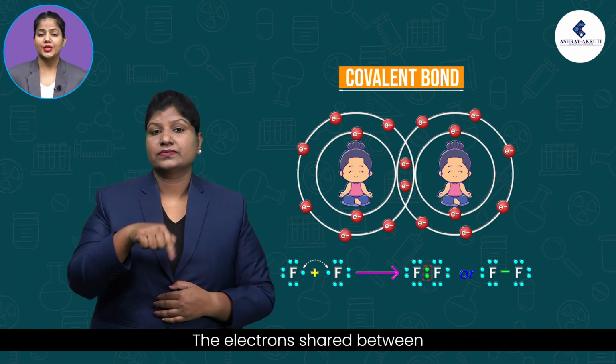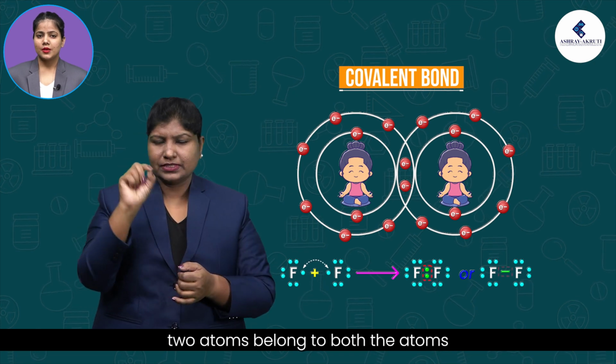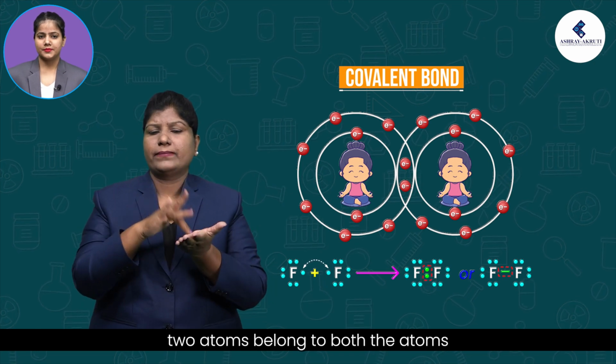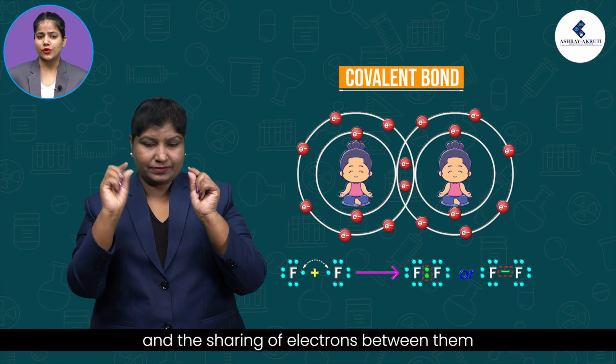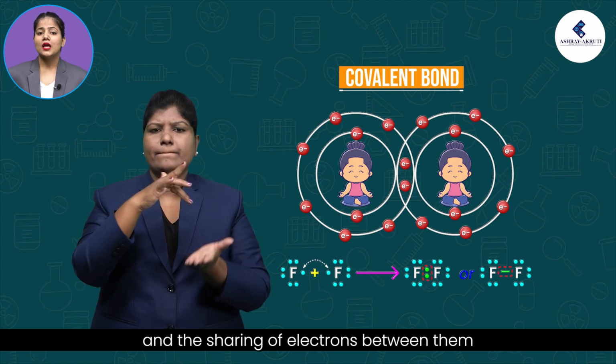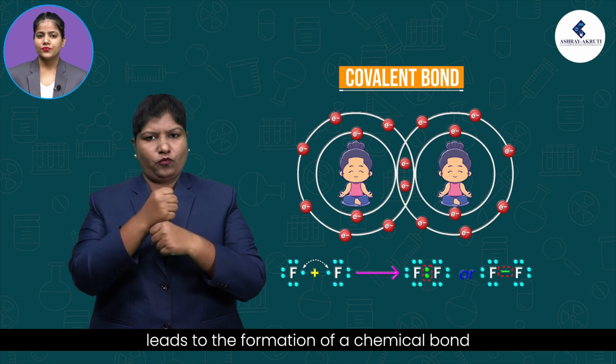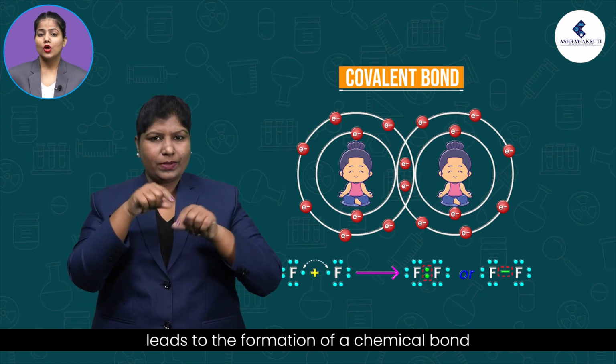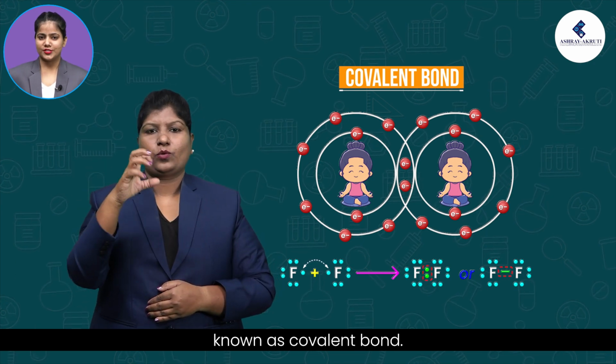The electrons shared between two atoms belong to both the atoms, and the sharing of electrons between them leads to the formation of a chemical bond known as covalent bond.